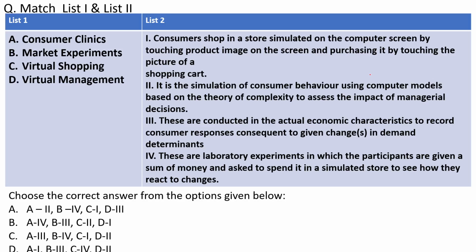Virtual shopping, C, can be matched with option number 2. So C2, where is this? C2 is mentioned only in option number B. So our right answer will be option number B.